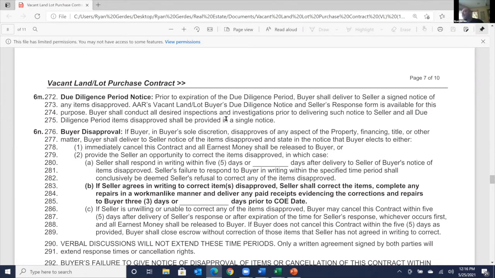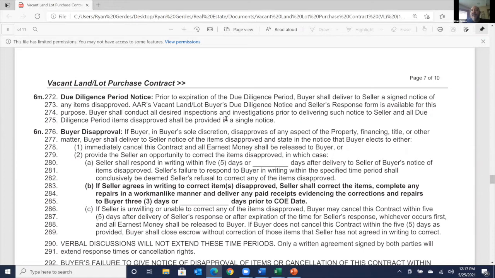Ultimately, you'll have three options. Door number one, accept the land as is and seller don't touch it. Door number two, we've decided that from what we found, we do not like it. At that point, you can cancel it, get your earnest money back. However, any funds that you've submitted for surveys, appraisals, inspections, entitlements, so on and so forth, that money you will not get back. That is the cost of doing business.